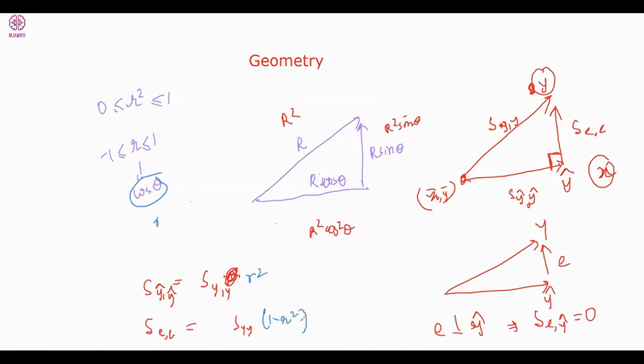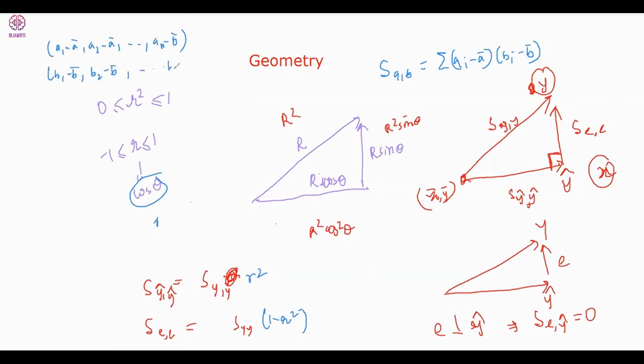Then what is happening over here, guys? You can understand that S of a comma b is the summation of a i minus a bar times b i minus b bar, right? What does this look like? If you take the vector a1 minus a bar, a2 minus a bar, and so on up to an minus a bar, and the vector b1 minus b bar, b2 minus b bar, up to bn minus b bar, this is the dot product of these two vectors.